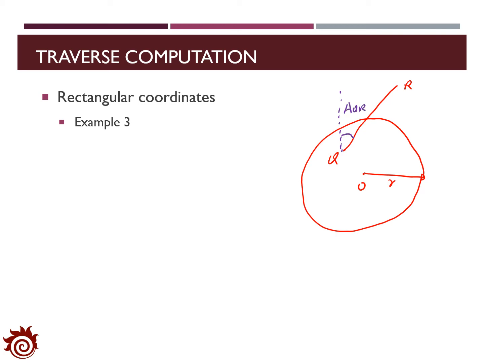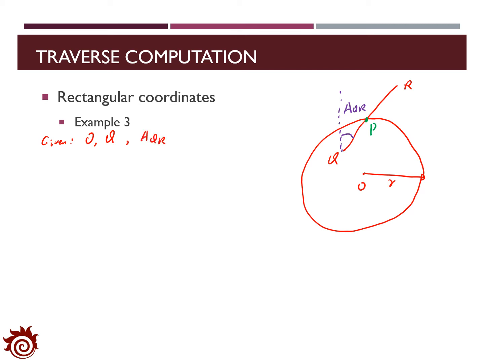We want to find out the coordinates of the intersection between the straight line and the circle, which is the point P. So basically, we are given the coordinates of O, Q, and the azimuth of QR.